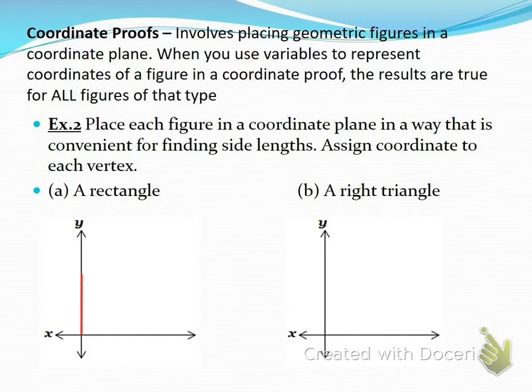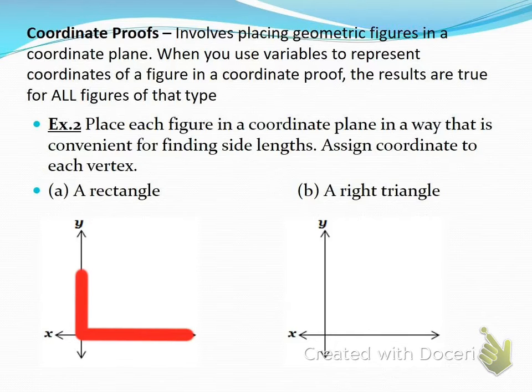So if I place one edge on the y-axis, one edge along the x-axis, and try to make those a little bolder so you can see them. That's probably a little too bold, but that's all right.